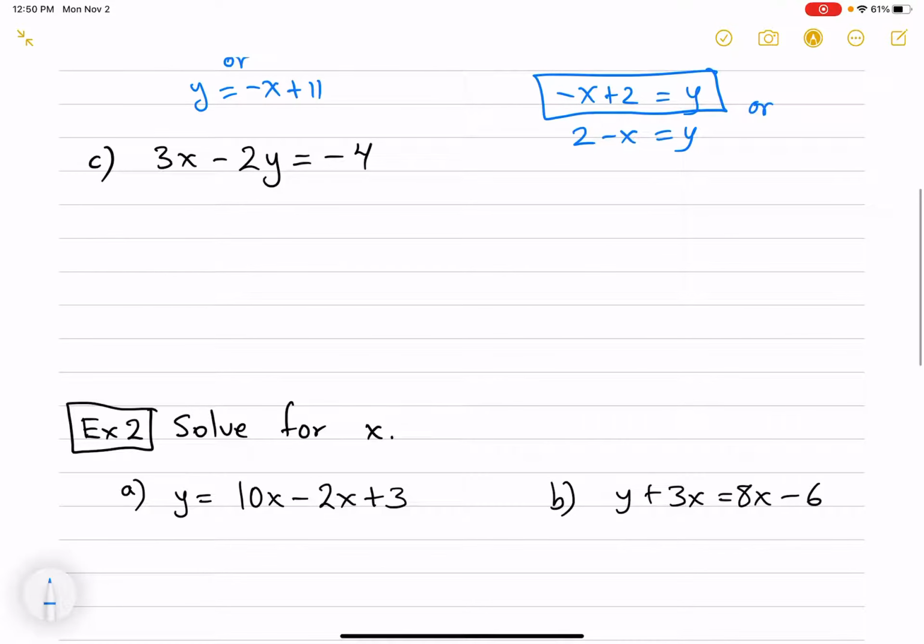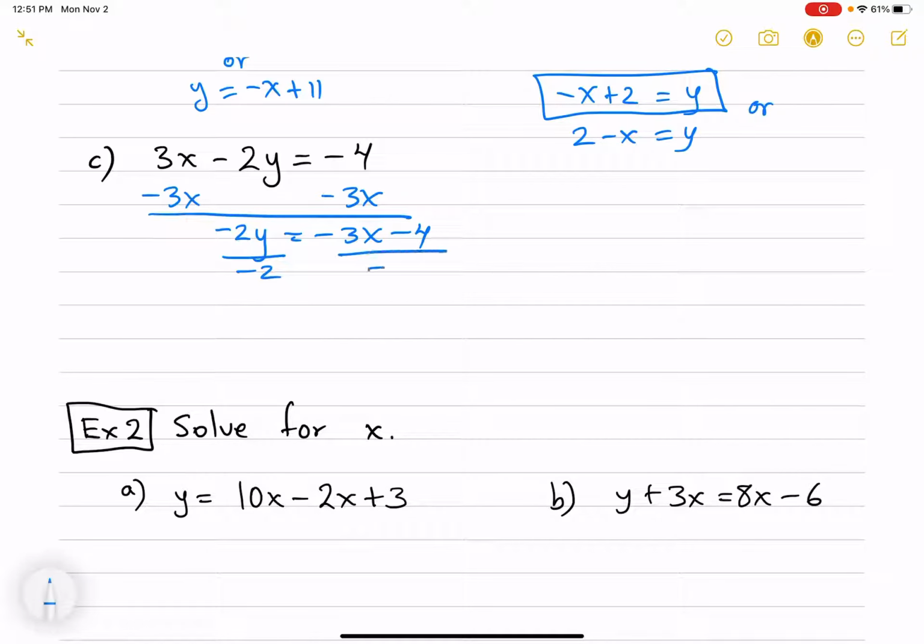Okay, continuing with this. Our goal is to leave the y by itself. So let's go ahead and start by moving that 3x as a negative 3x to the other side. And we get negative 2y equals negative 3x minus 4. Because we're going to leave the y by itself, let's go ahead and divide both sides by negative 2. And in this case, negative 2 does not divide the 3.